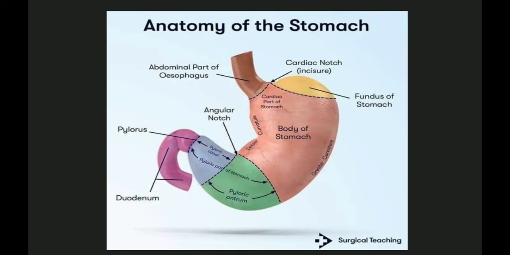Now let's talk about the borders. The lesser curvature starts from the right margin of the esophagus and goes towards the right up to the pylorus.